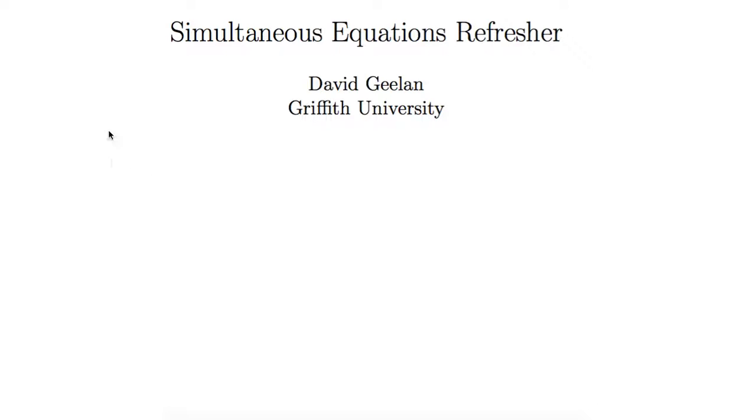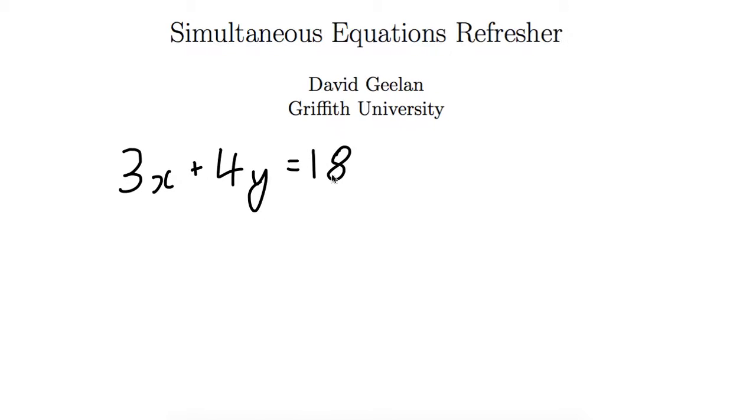So basically, simultaneous equations are when we have two equations in two unknowns, or sometimes three equations in three unknowns, but that's pretty tough. So I'm going to create two equations here. Now, I can't directly solve either of those.